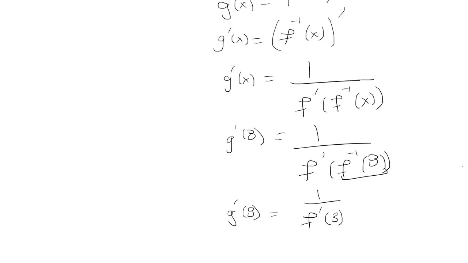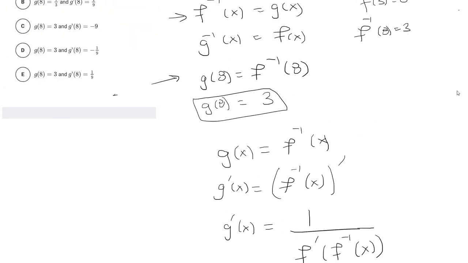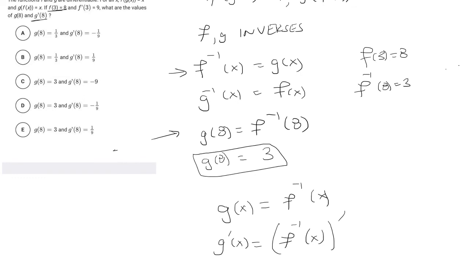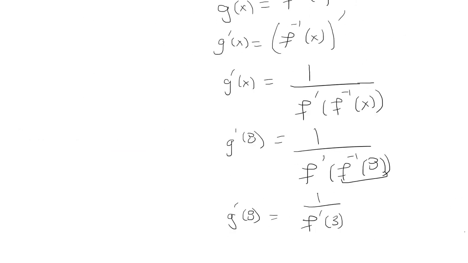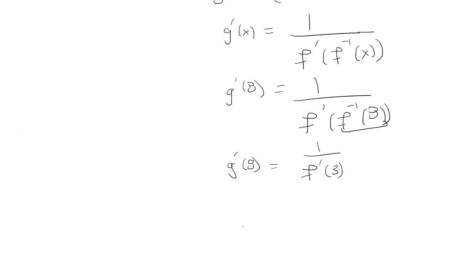So let's find what f prime of 3 is. We're given it. f prime of 3 is 9. So we say that g prime of 8 is 1 over 9.